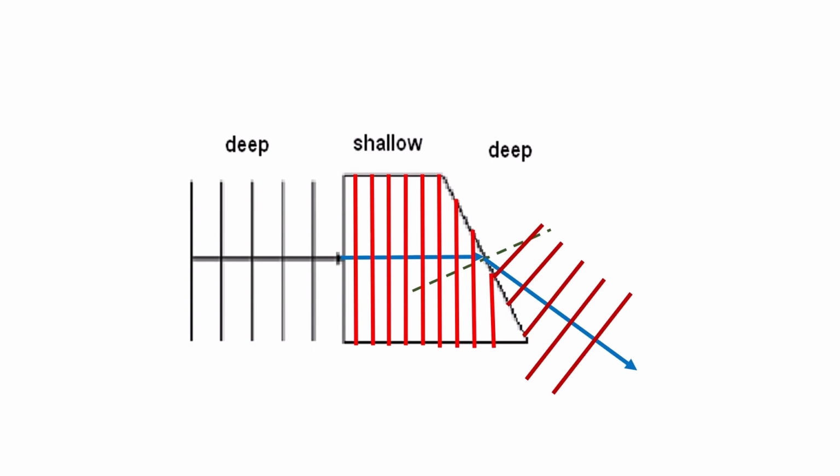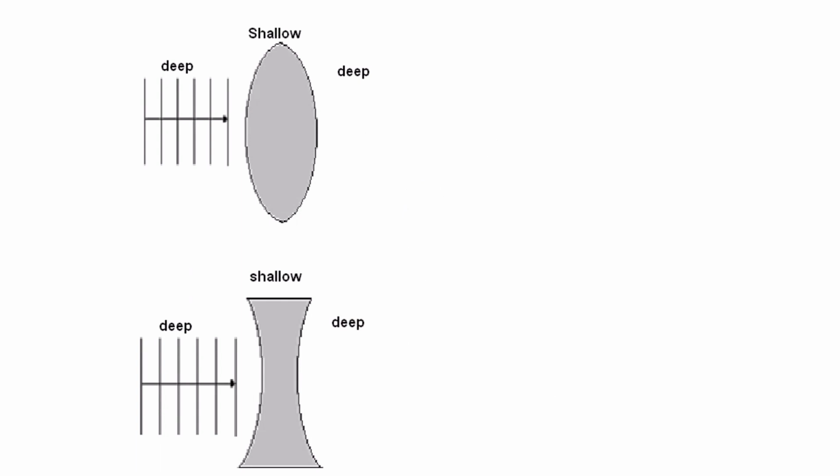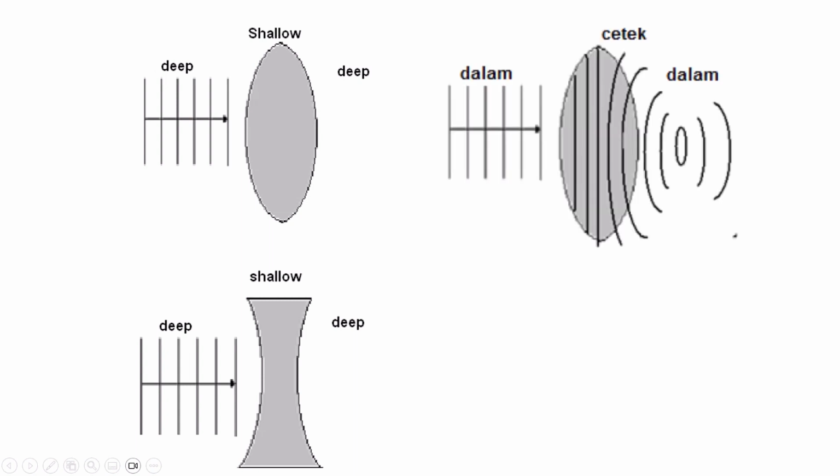Okay, with different types of glass plate. Next, if you have a different glass, something like this is convex, and this is concave. So what happens? We get like this.